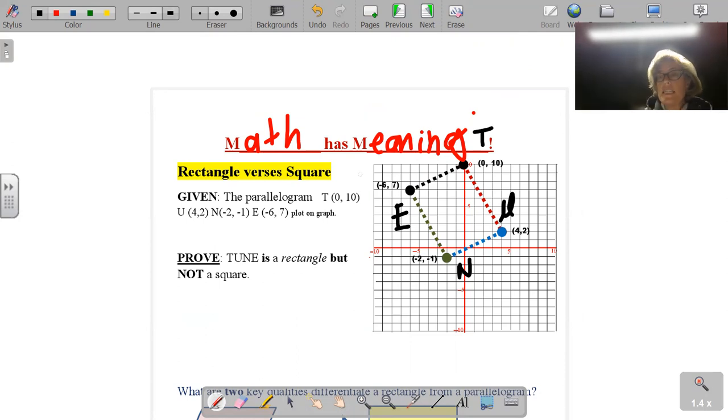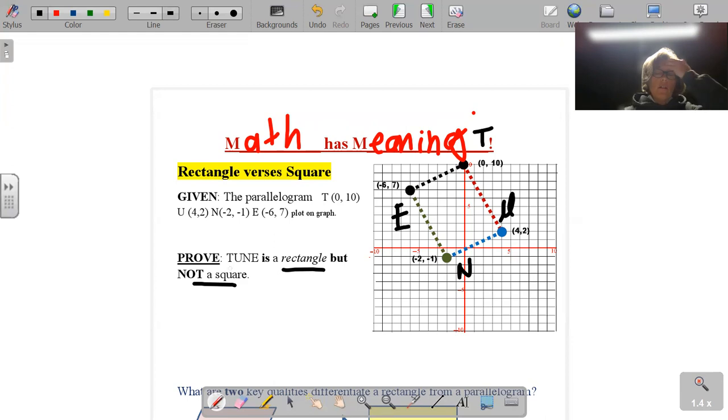And this is called a double proof, a positive and a negative. Positive, we want to prove it's a rectangle. Negative, we want to disprove mathematically that it is a square.